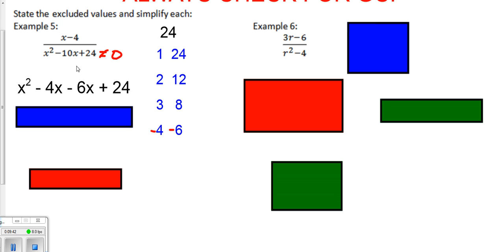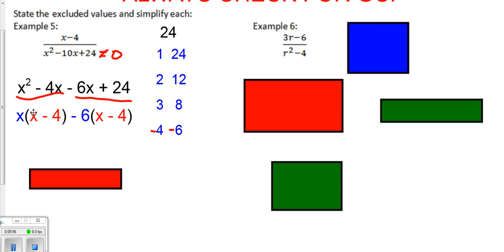Rewriting just that bottom piece, we split up the -10x into -4x and -6x. Factor by grouping this piece and this piece. x on the outside times x minus 4, -6 on the outside times x minus 4. So when we put it all together, we have an x minus 4 times this factor, x minus 6. Now this was just the bottom.